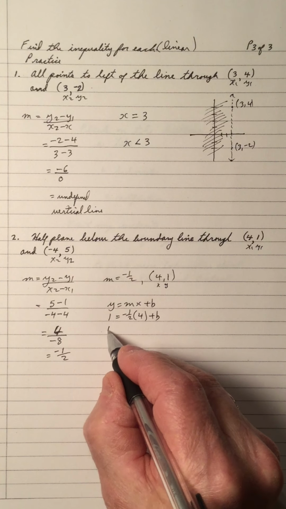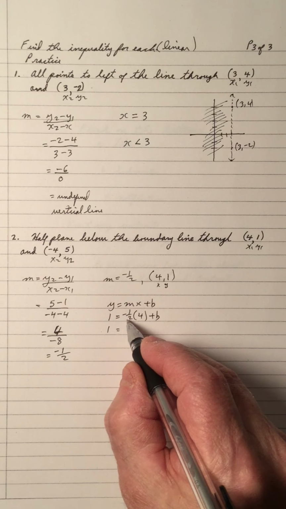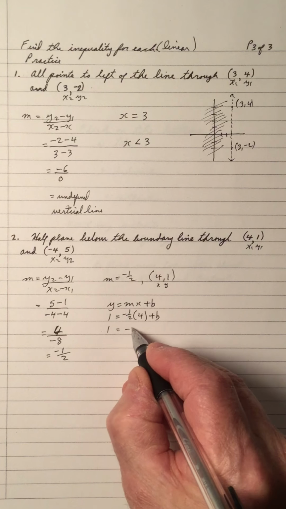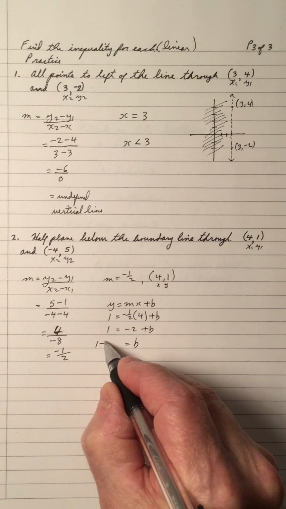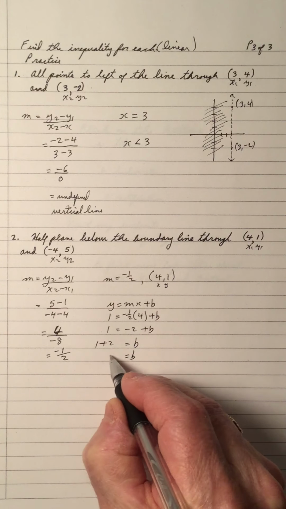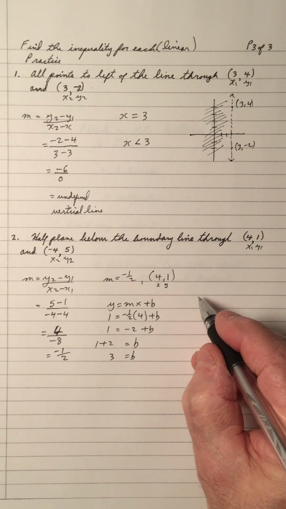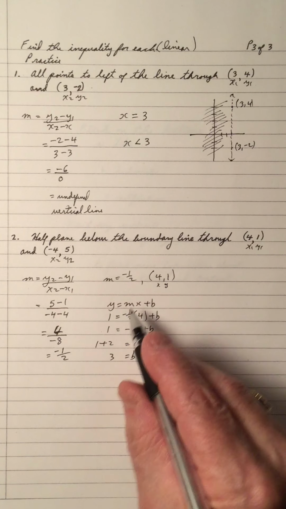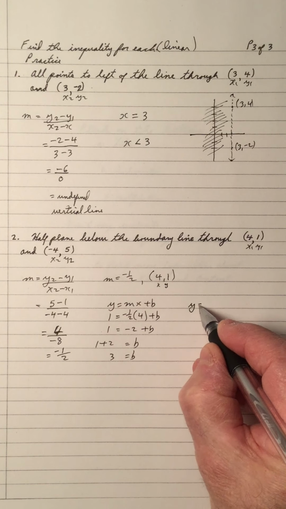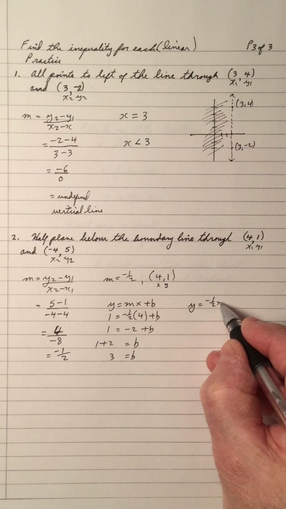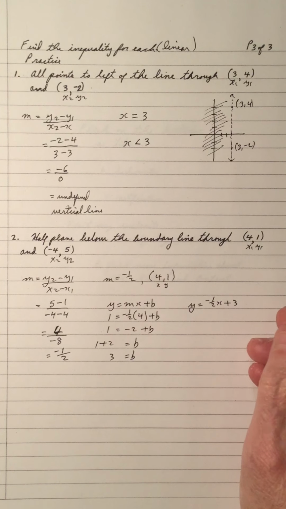So we work this out. We multiply first. Negative a half of 4 is negative 2. So leave the b there, so I have 1 plus 2. So b is 3. So I have a slope of negative a half with a y-intercept of 3. So the boundary line is y equals negative a half x plus 3.